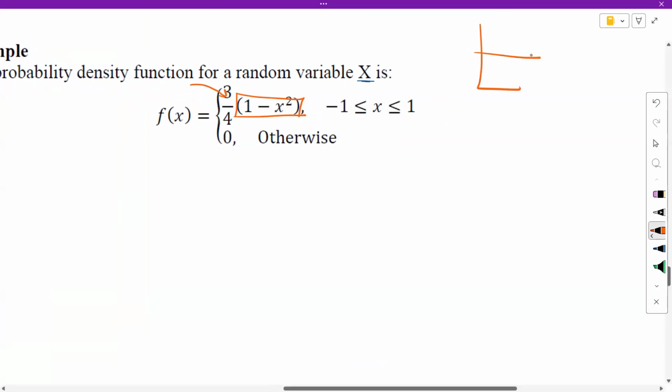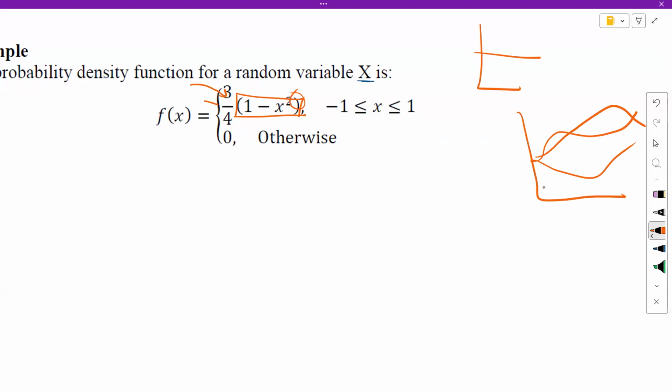Now it has some slope, since it's a square, and also it has a constant, so it starts from here and goes somewhere like this. If you want to find the probability, we have to find the area under the curve.